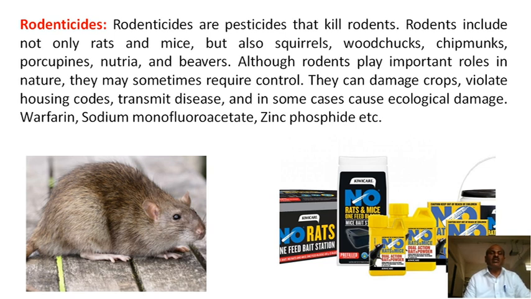All rodents play an important role in nature. They can damage crops as well as houses. A number of foods are destroyed, a number of diseases can occur, and they also cause ecological damage.